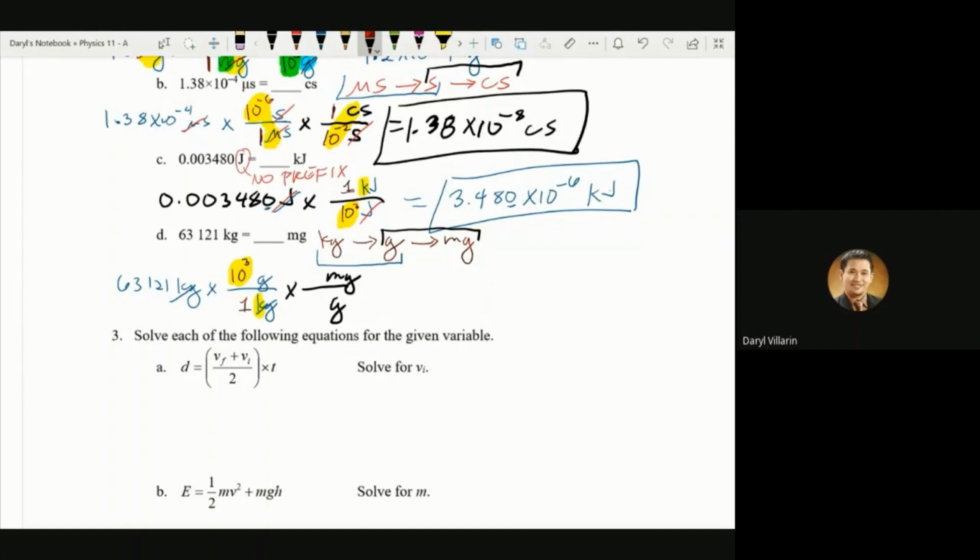For the value itself, just place 1 on top, because that's where your unit with the prefix is, and at the bottom, replace your m with a multiplier. That's 10 to the negative 3. Milli is 10 to the power of negative 3. If you multiply these two, gram is canceled out. So the final answer should contain the same number of significant digits, but in scientific notation. This is 6.3121 times 10 to the power of 10 milligram.